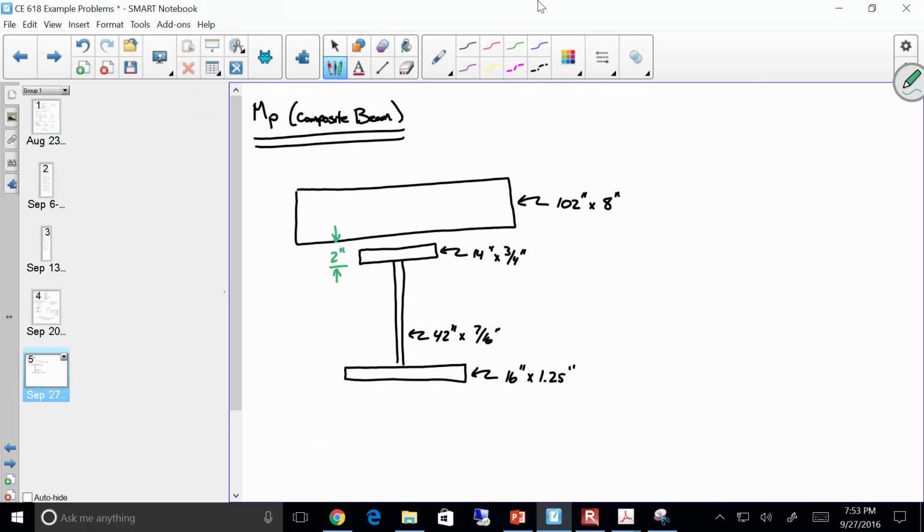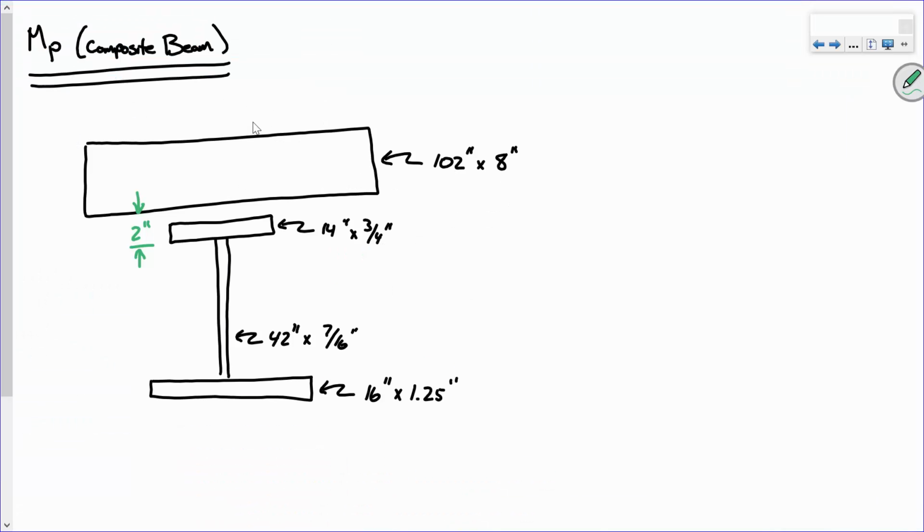So here's our section. We're in positive bending. So this is the compression flange up top. This is the tensile flange on the bottom. If we were at the pier, that would be flipped, right? Because the beam would be going like that. This would be the tension flange. That would be the compression flange. Sound good? All right. So let's start off with these plastic forces.